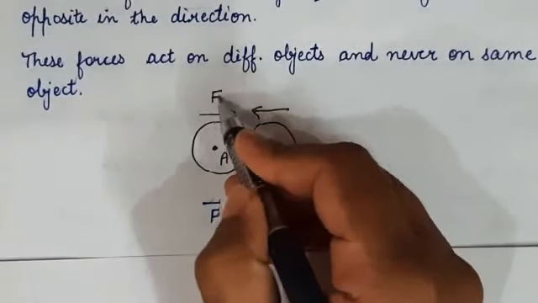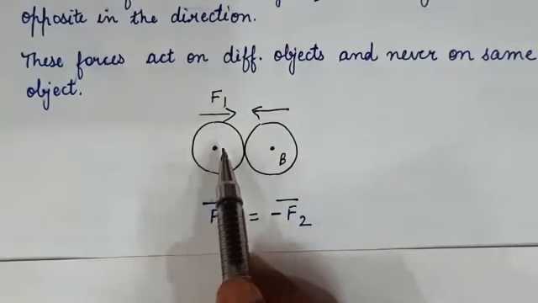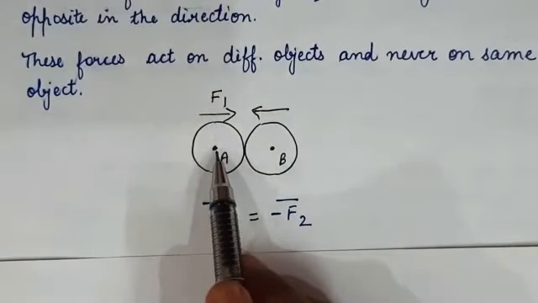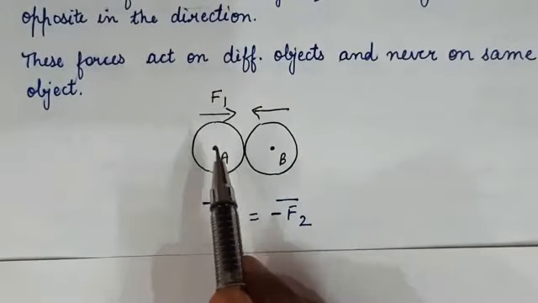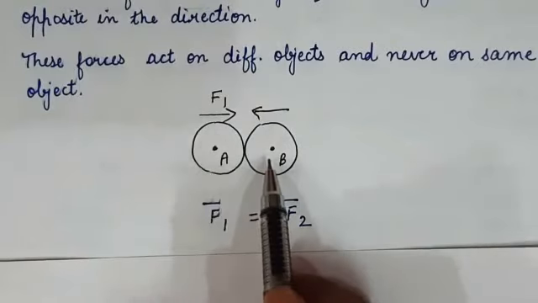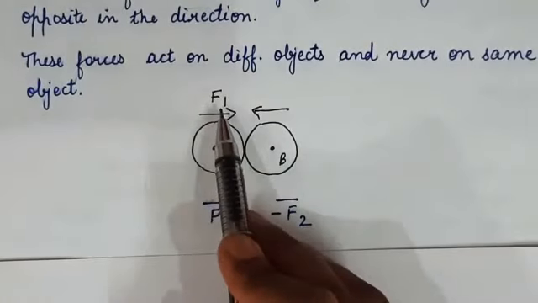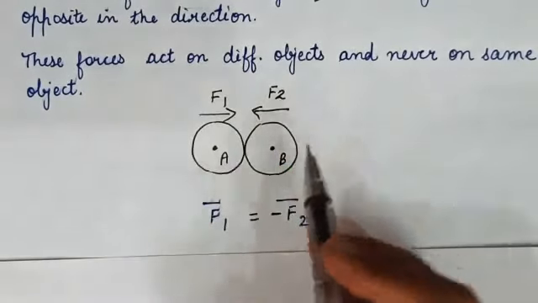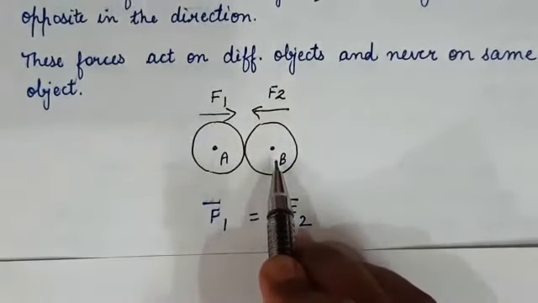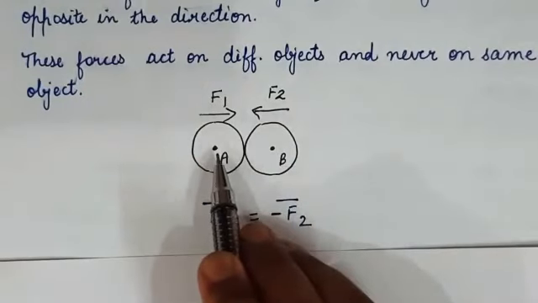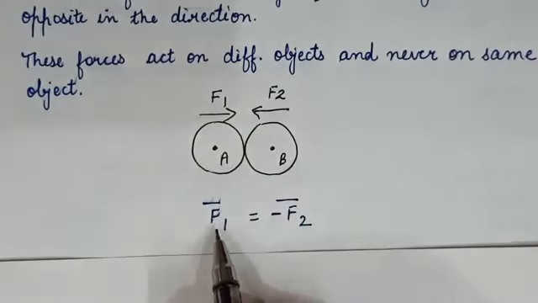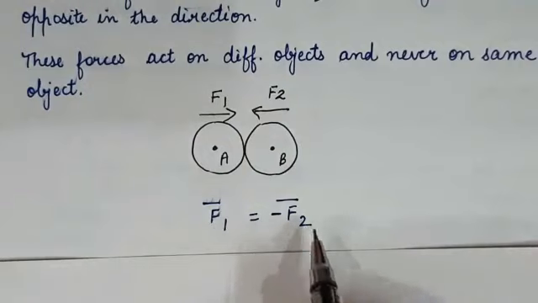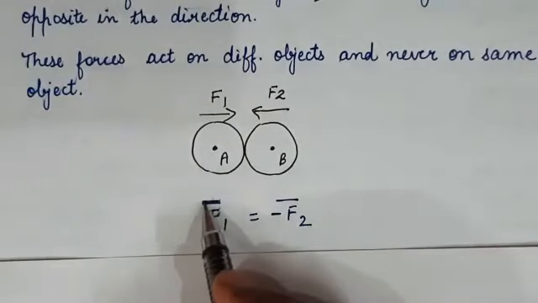So what will be the force in this case? Suppose I consider F1, the force which is exerted by object A on object B, and F2 be the force which is exerted by object B on object A. So F1 is equal to F2 in magnitude.